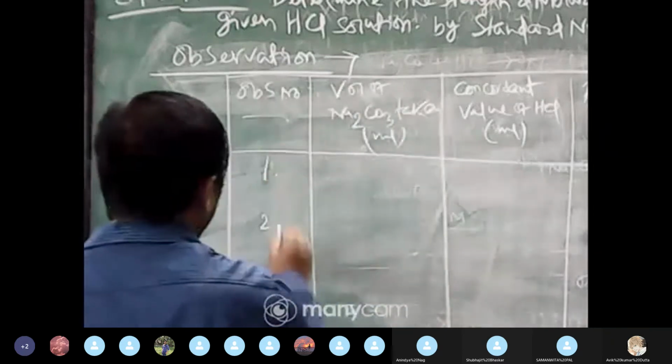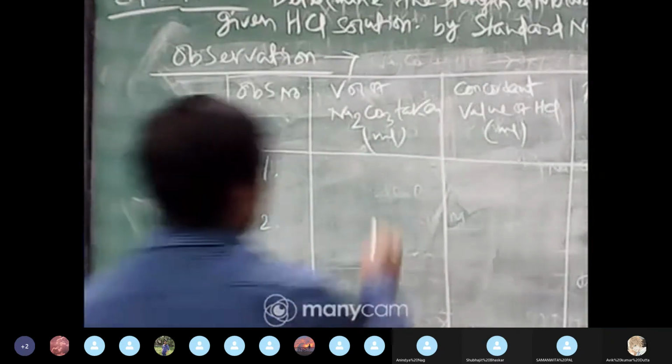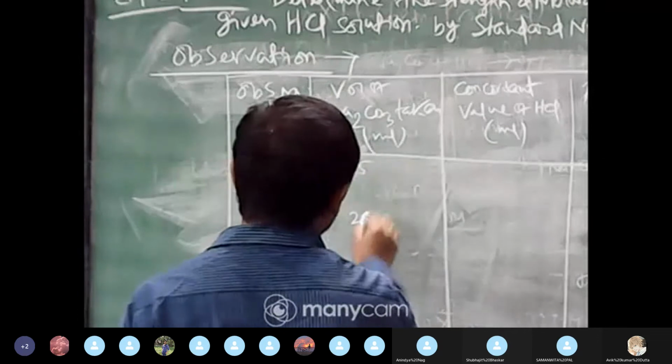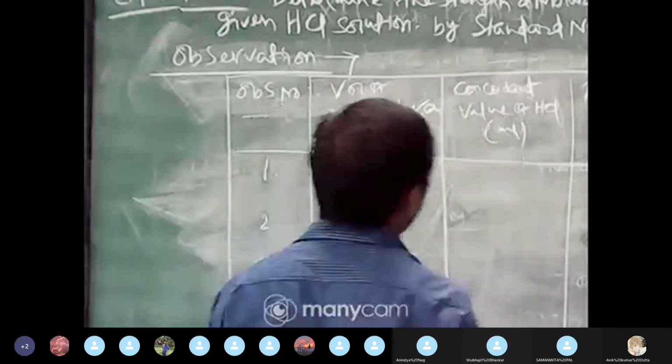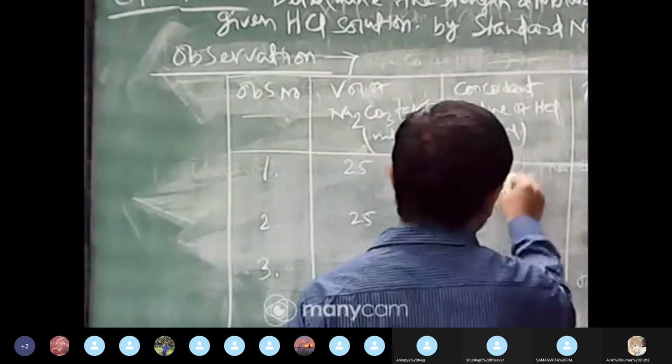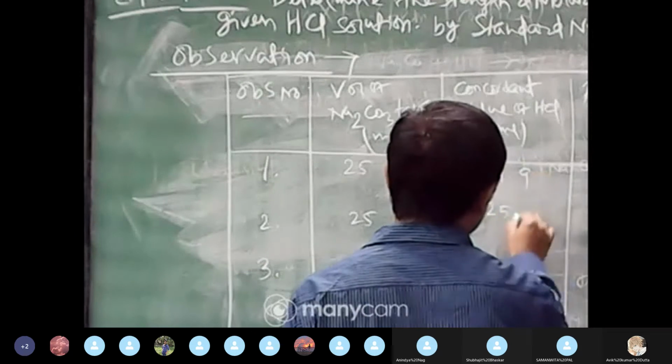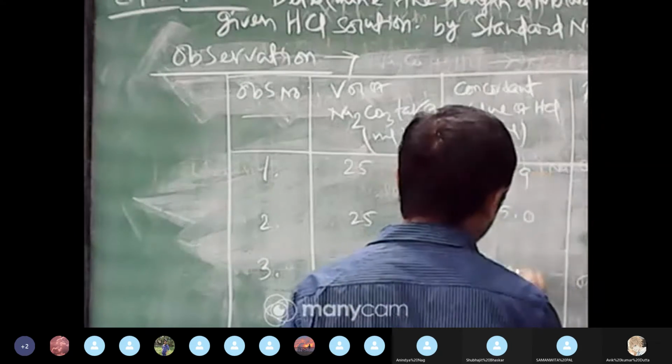Observation number 1, 2 and 3, 25 ml each time. Volume of HCl, this is 24.9, next 25.0, and 24.9.